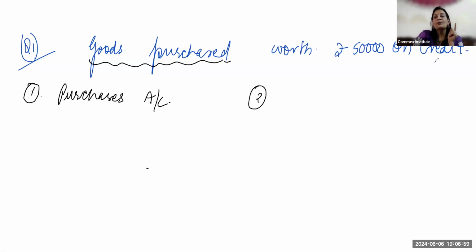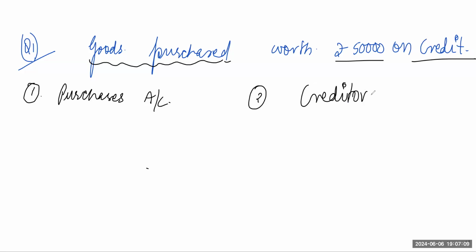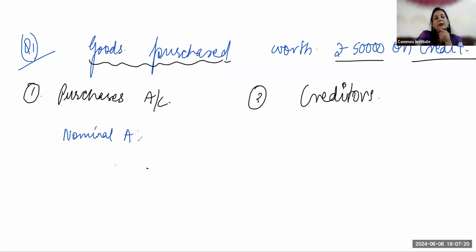And number two, it's on credit. So whenever we make purchases on credit, what is created? Creditors. So the other account is creditors account. Now if I see what category of accounts, purchases account is my nominal account because it is an expense.